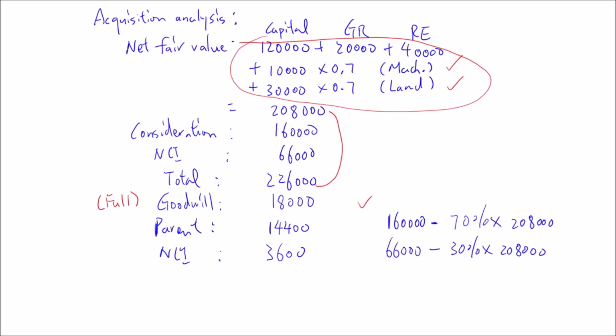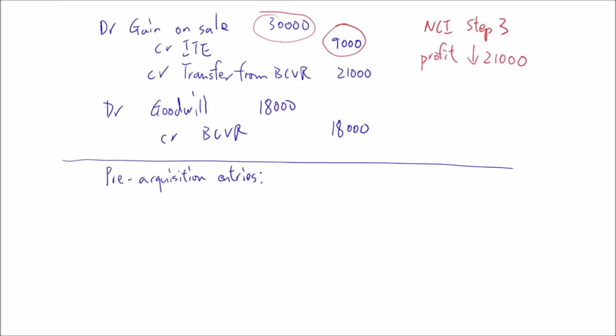So for example, the amount of capital, we want to reverse the amount of capital. The calculation was 120,000, which is the original amount of pre-acquisition equity, and you want to eliminate 70% of that. So the amount that you want to debit is 84,000.